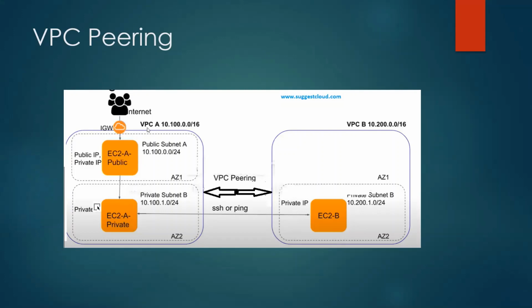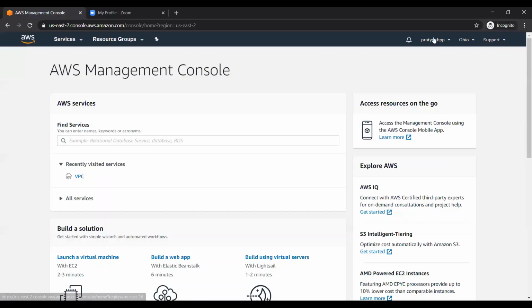Ideally, from the EC2A private instance, we cannot SSH or ping the private IP of the EC2 instance in VPC B. So in this lab section, we are going to create a VPC peering. I have logged into the AWS Management Console.